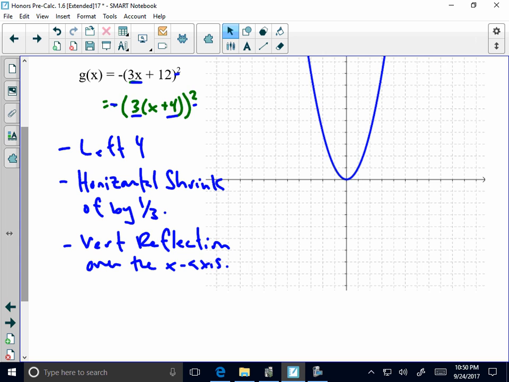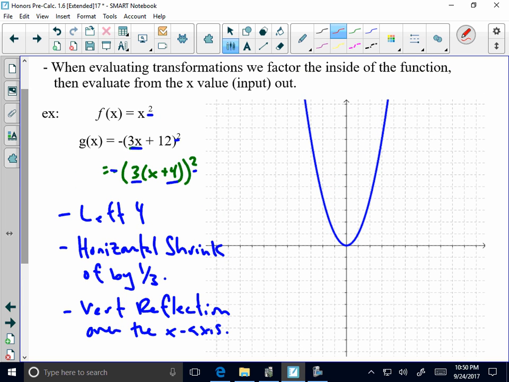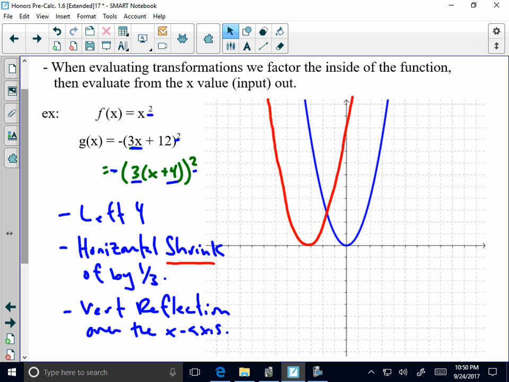So right here, evaluating all these transformations, some of them we're going to have to be approximate with. Whenever we've got a horizontal shrink, it's a little bit tricky. But right here, we'll first take our graph, and we're moving this guy left 4, so we would go left 4 with our graph.